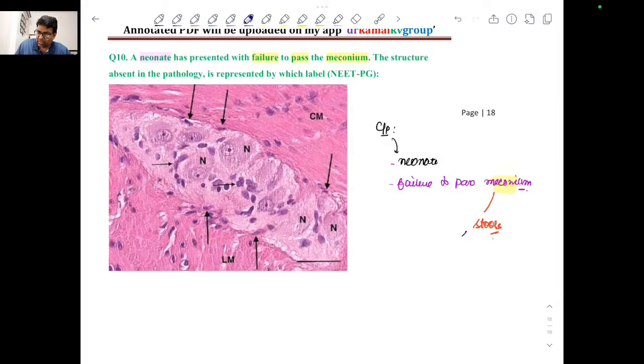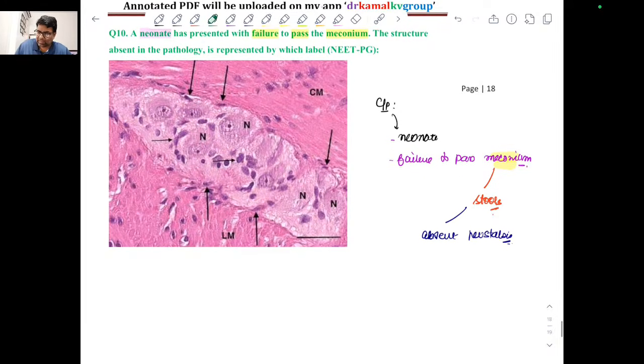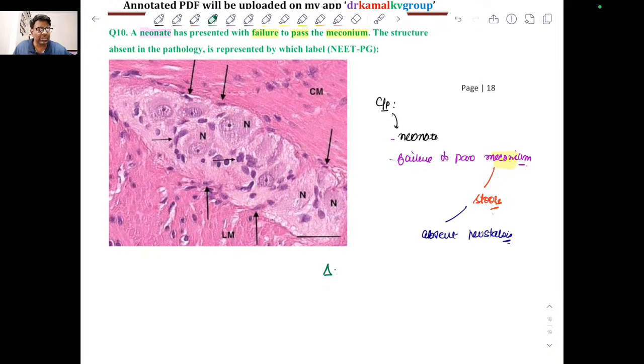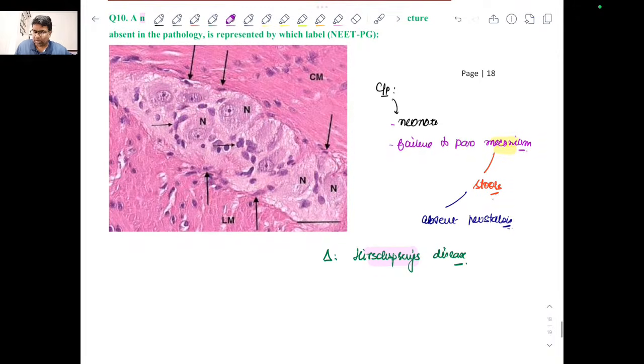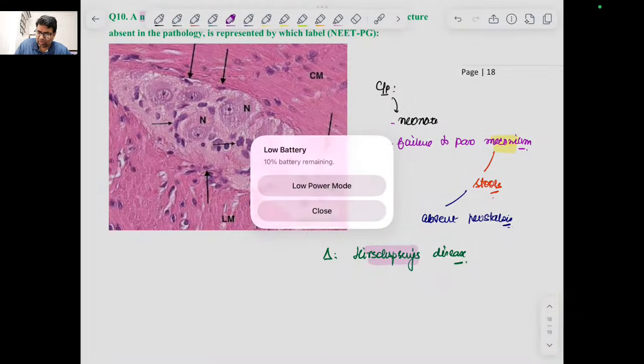It means there is no peristalsis, and this classical condition is Hirschsprung's disease. Clear? So this is indicative of which clinical condition? Hirschsprung's disease, right?